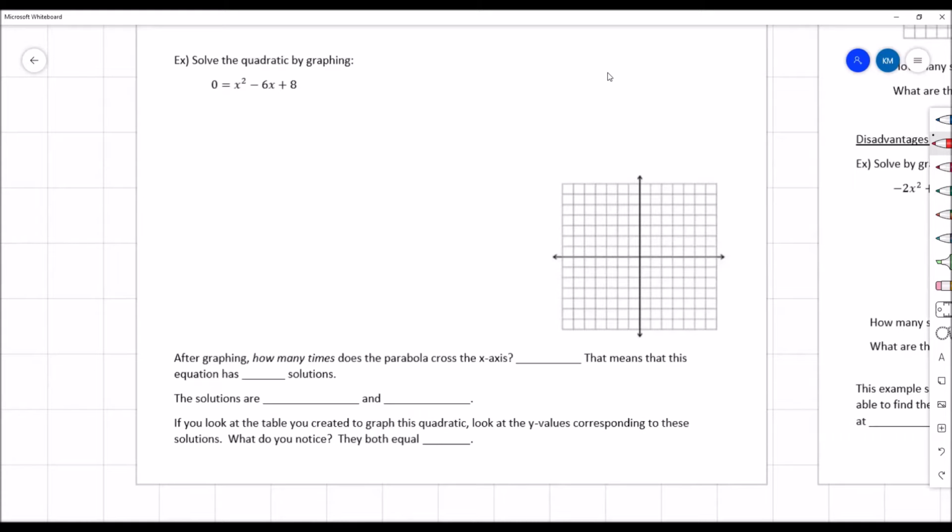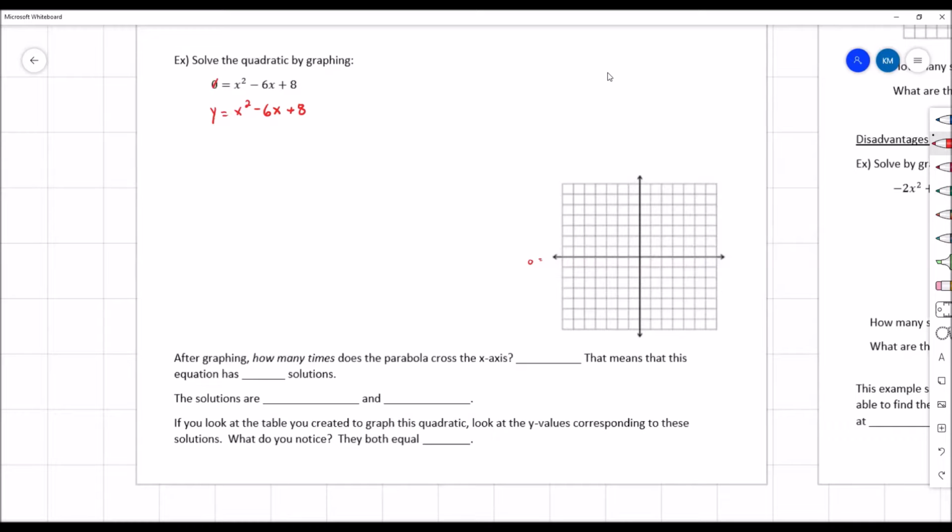The difference is that we substitute y equals x squared minus 6x plus 8, and so by substituting y equals 0, we find out that when our y is 0, that's where our solutions are. Which reestablishes that our x-intercepts are our solutions.